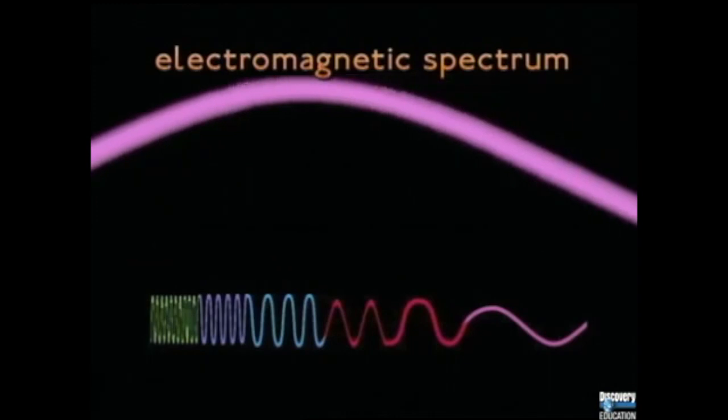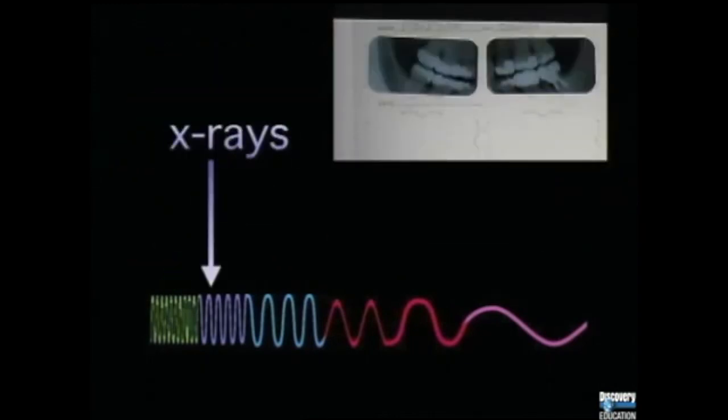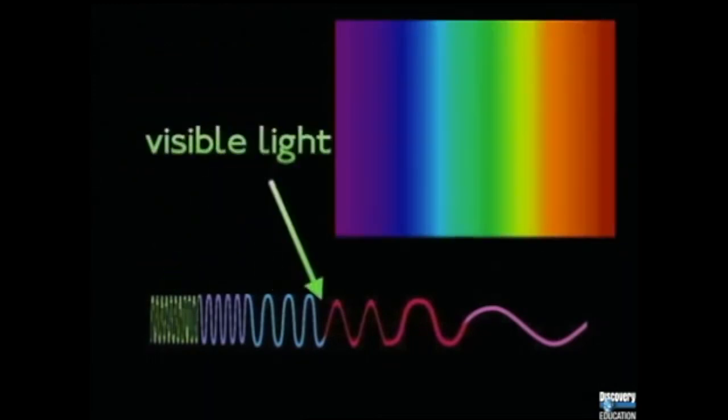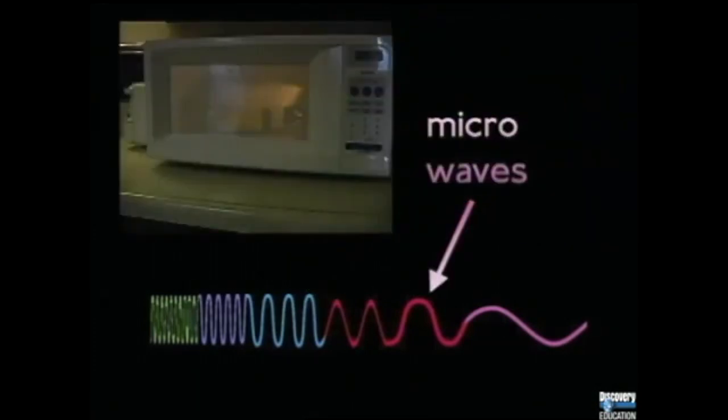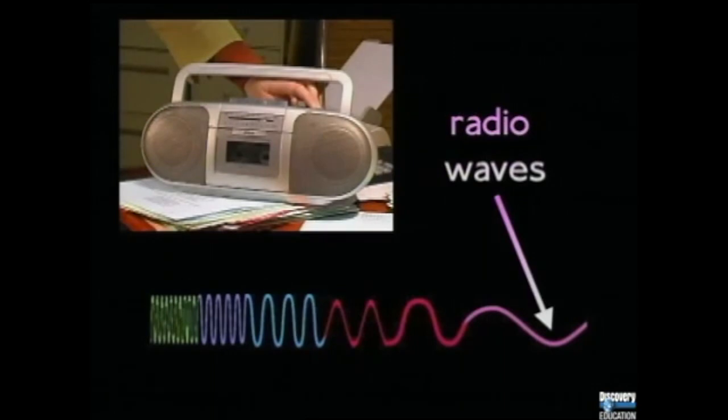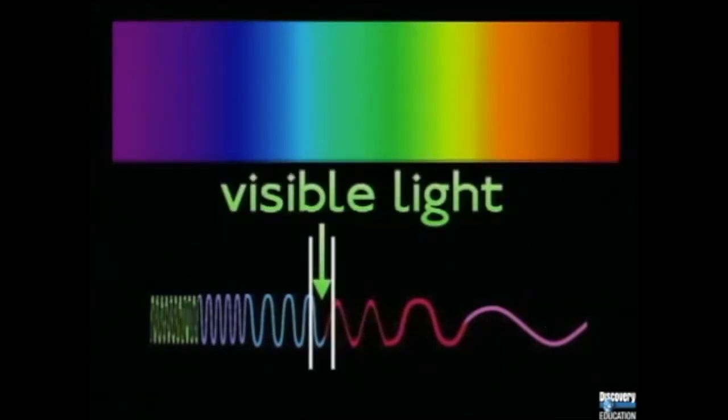At one end are high-energy gamma rays with very short wavelengths. And at the other end are radio waves with long wavelengths and lower energy. Close to the middle is a narrow band of waves called visible light that we see as different colors. Electromagnetic waves provide Earth with both heat and light.